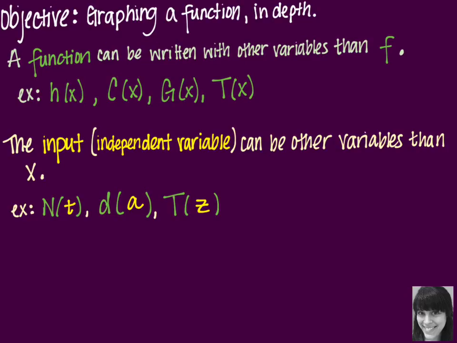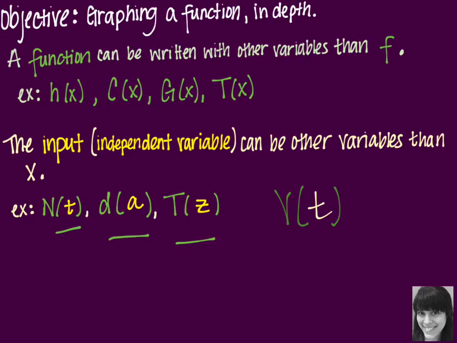The input or the independent variable can be other variables than x, so your functions can be very diverse. You can have n of t, d of a, t of z. One that you'll find a lot is v of t, that's velocity in regards to time.